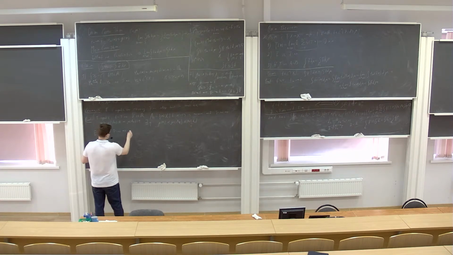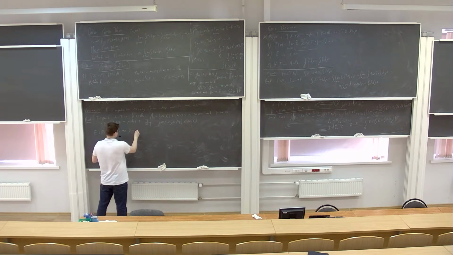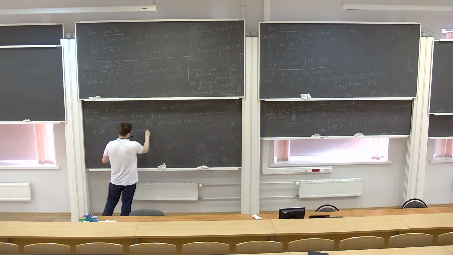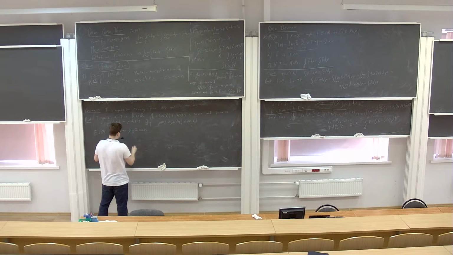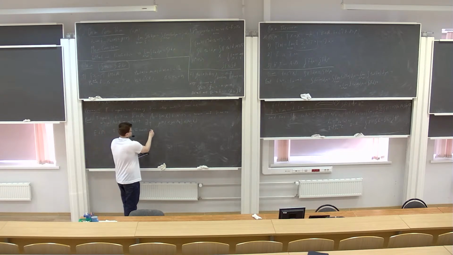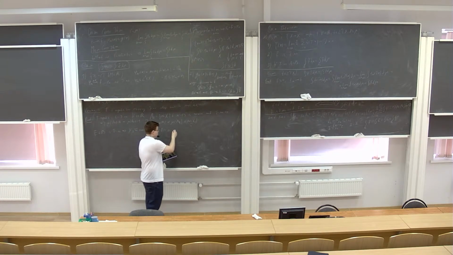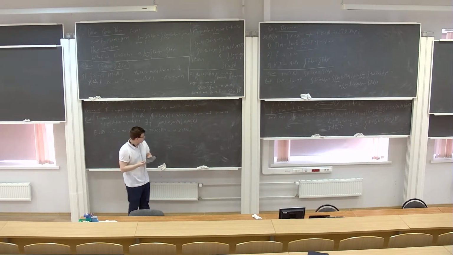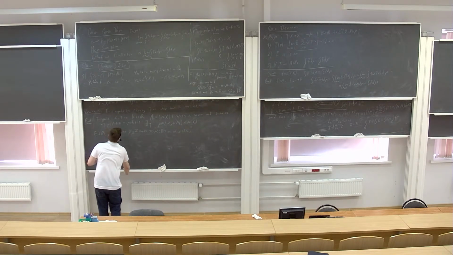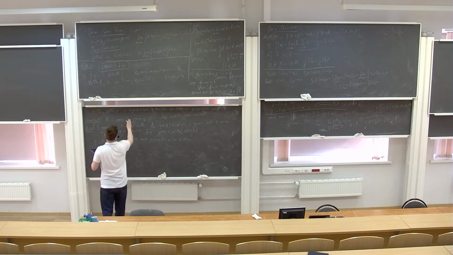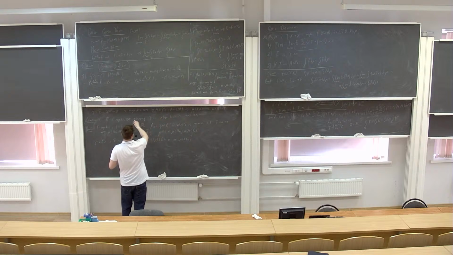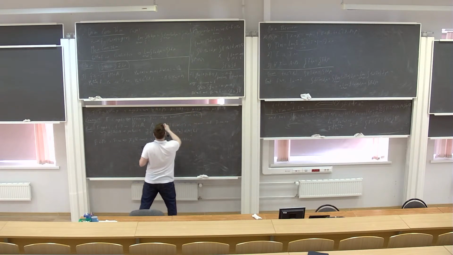So the characteristic function of the subset is constant almost everywhere. But that means that the measure of E is either 0 or 1. So in fact, later we are going to use not this definition of ergodicity, but this definition of ergodicity.